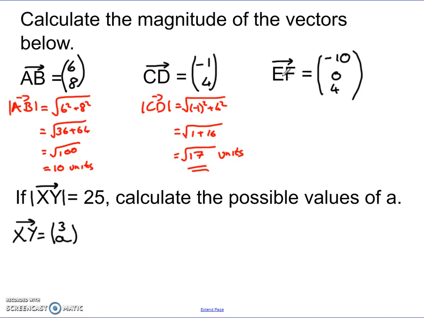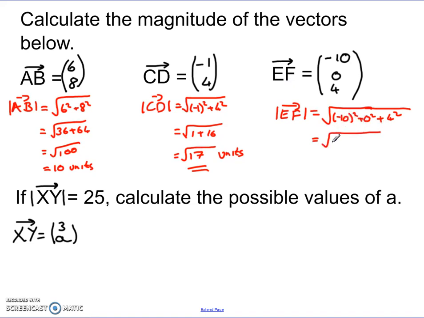Take it to a 3D vector now, EF, which has these three components here. Again, it's not difficult, it's sticking with the same sort of formula. Except this time, instead of just negative 10 squared plus 0 squared for y, we've then also got a plus 4 squared for the z component. Our steps then remain the exact same.